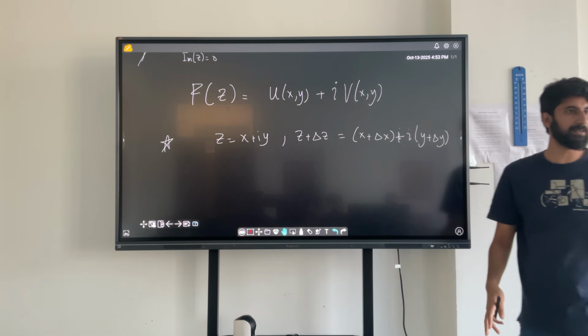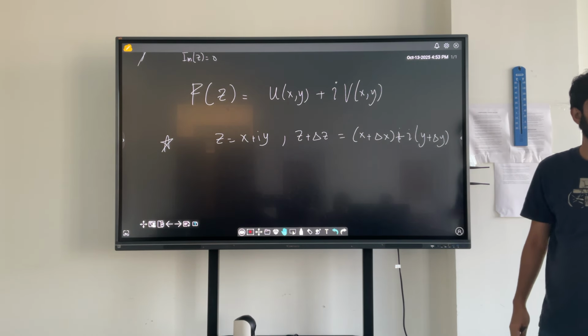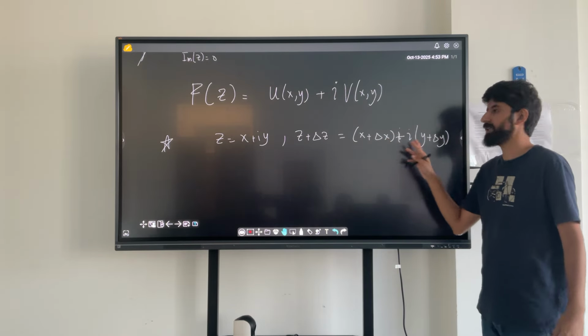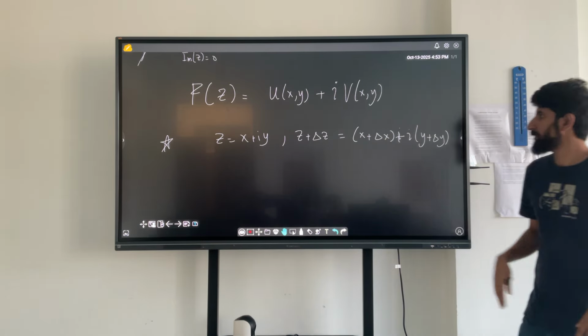Delta z is another complex number, which is a small change in z, and it's represented as delta x plus iota delta y.